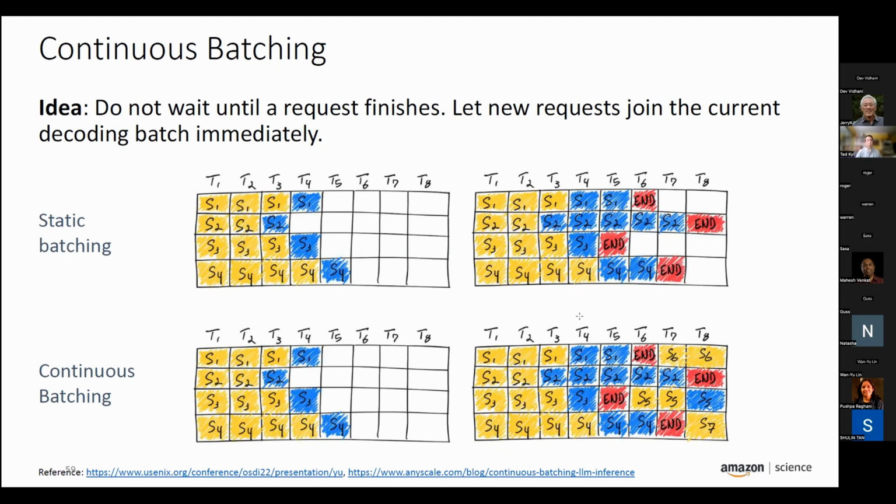So it's not necessarily one token, but basically what we're saying is instead of waiting until the last user in your batch finishes to start 4 new users, as soon as any one user finishes, just go ahead and start a new user there.